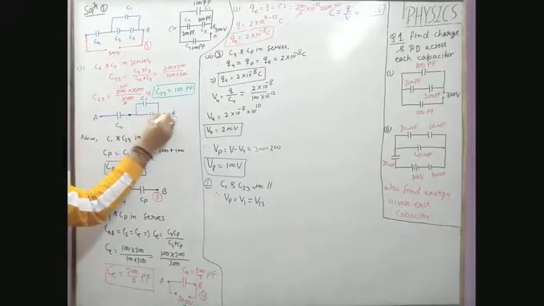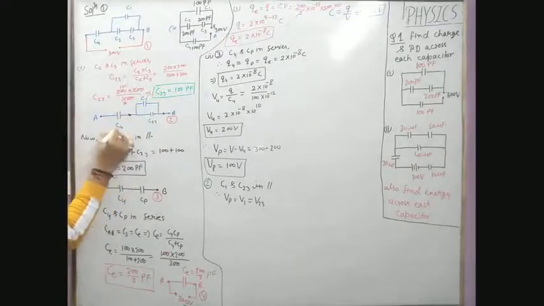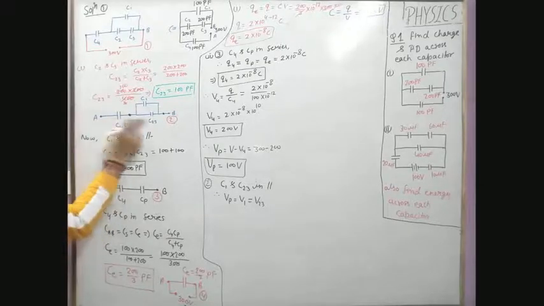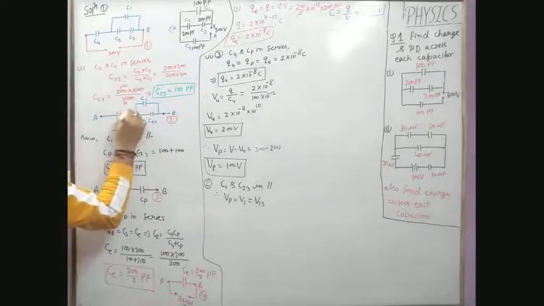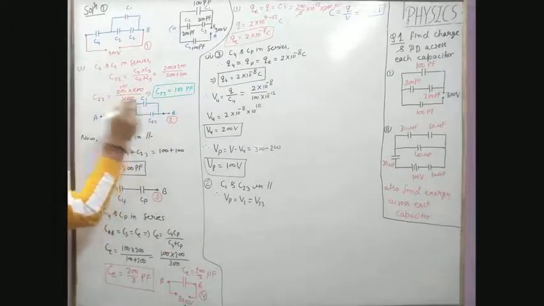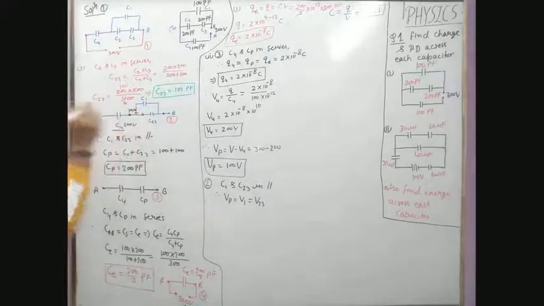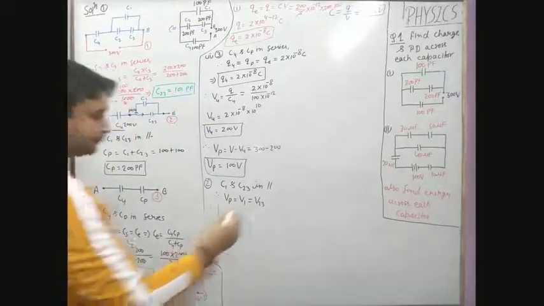For these two points, if this capacitor has 200 volt and in total we have 300 volt, then 100 volt is across the two, so it is equal to 100 volt.